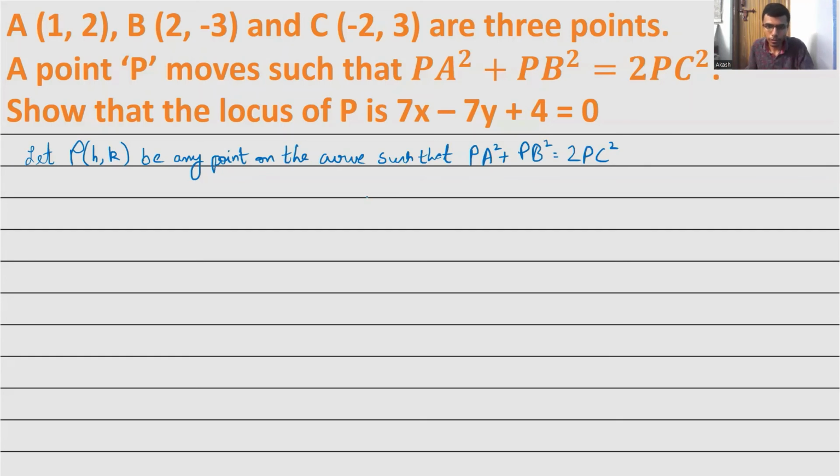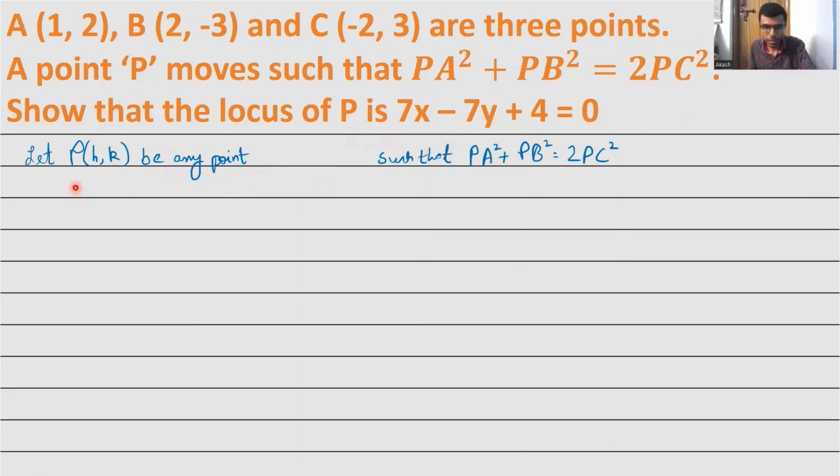Or if you feel that this could be a bit too much to remember, you can just write: let P(h, k) be any point such that, because you are clearly starting out with a clear-cut definition saying that this is my P(h, k) and this is how it is going to be.